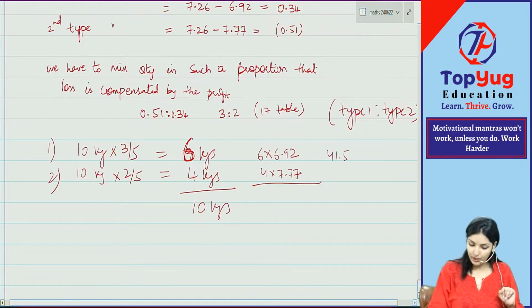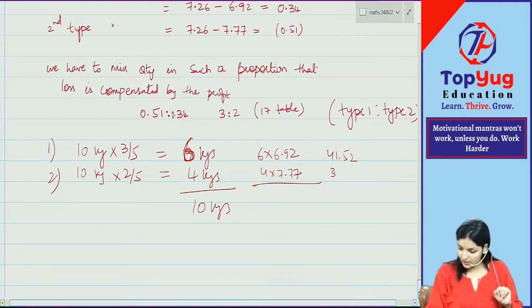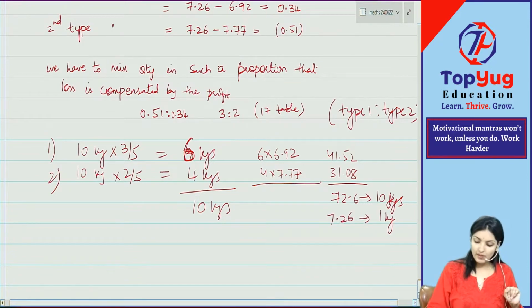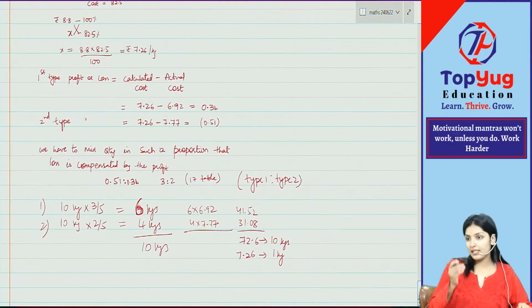This is 41.52. This is 31.08. So the answer is 72.6 for 10 kgs. Right. What is it for 1 kg? 7.26. आया समझ में the logic behind this?